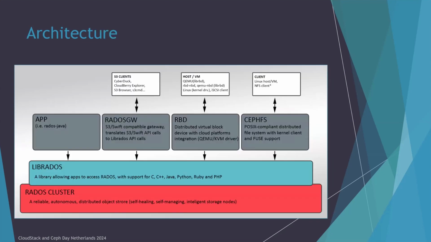At the bottom we have a RADOS cluster, and then we have different libraries and different ways of accessing the Ceph cluster: via S3 clients, via RBD, passing images through, in our case to QEMU, or mounting it locally, whatever you like. And of course CephFS, the Ceph file system, where recent releases also have support for Windows to consume it, which is really great.